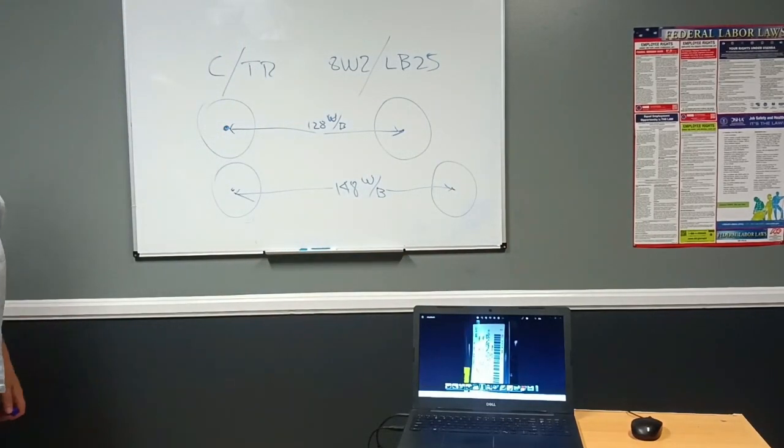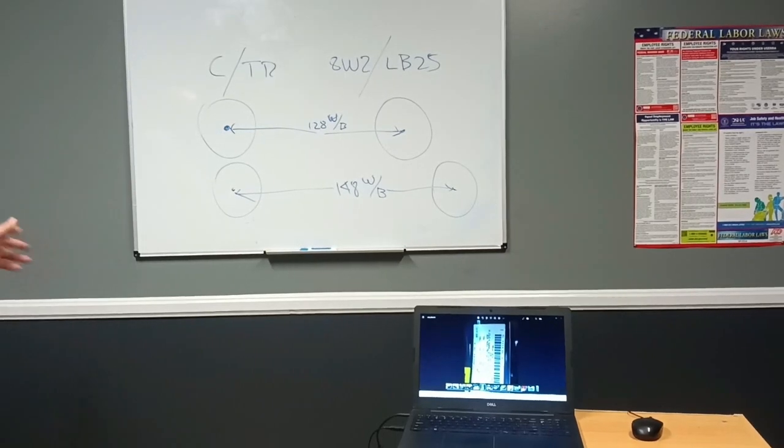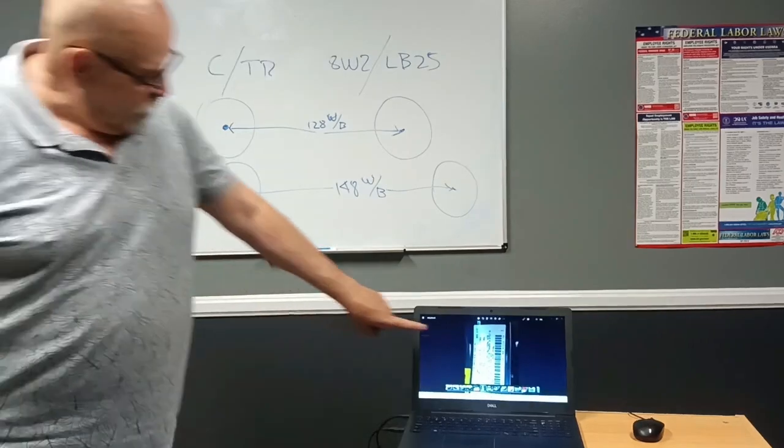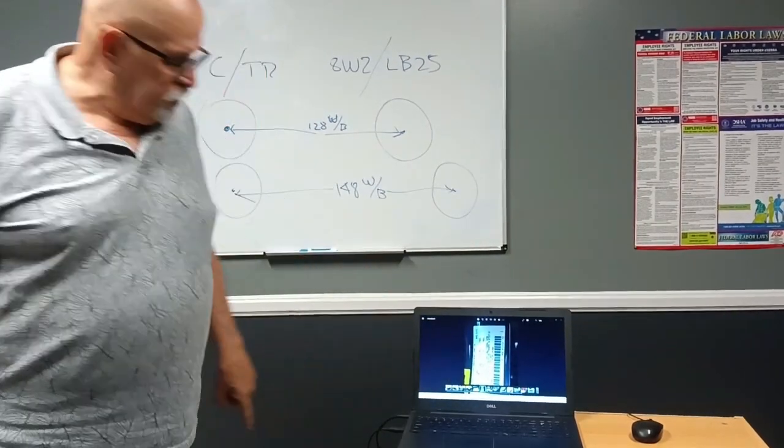So then he'll ask you, well, which one is it? Well, I don't know. Let me go find out and I'll call you back. So then you have to go out there with a measuring wheel. But it also will tell you here what the wheelbase is.